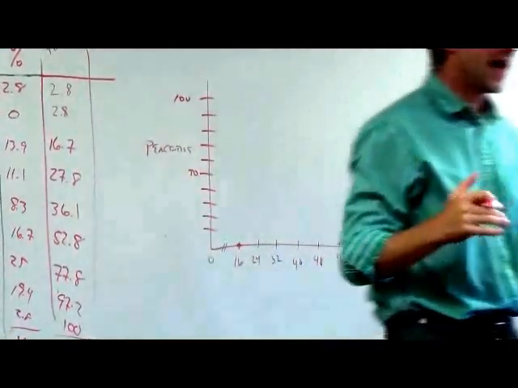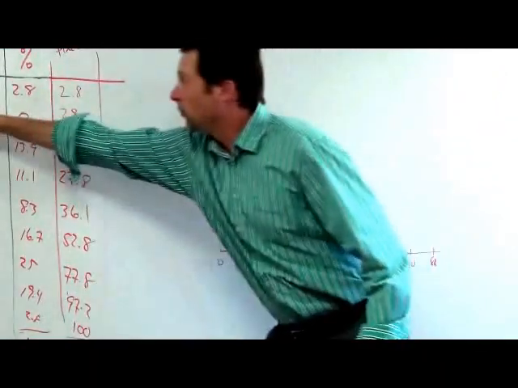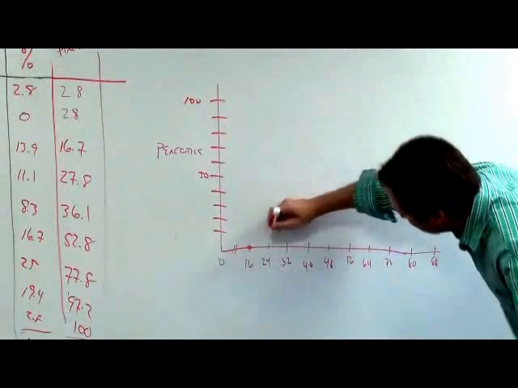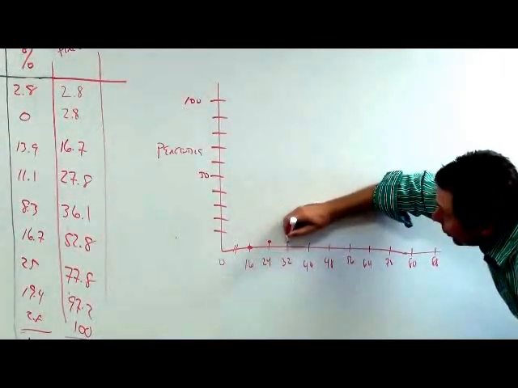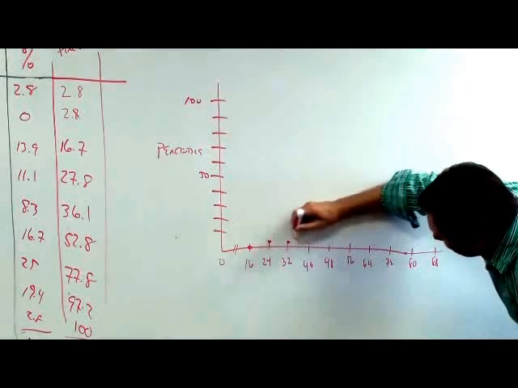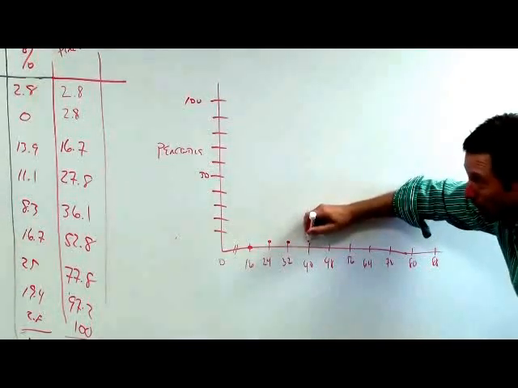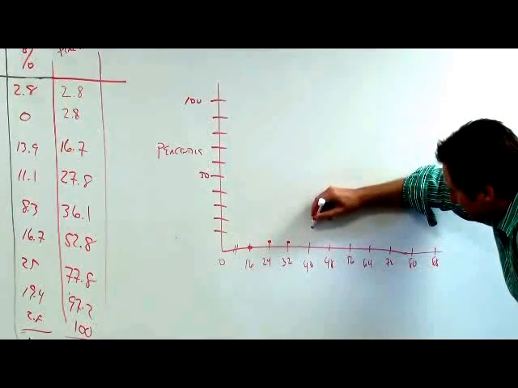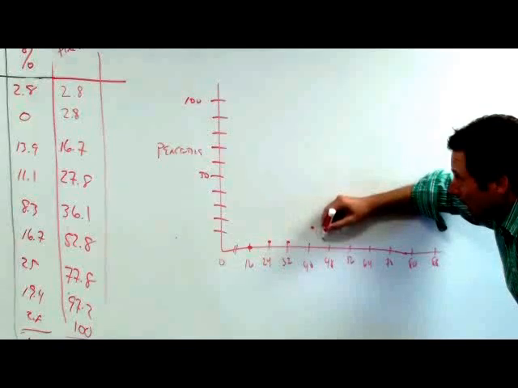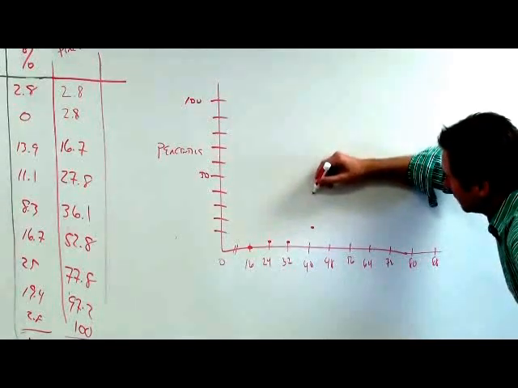And then we're just going to put dots at these percentiles that we found. Over at 24, it's 2.8. At 32, it's also 2.8. Then at 40, the percent of the scores below 40 is 16.7. Lower than 48 is 27.8.